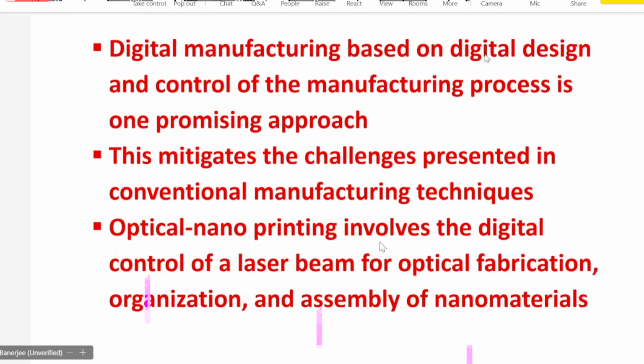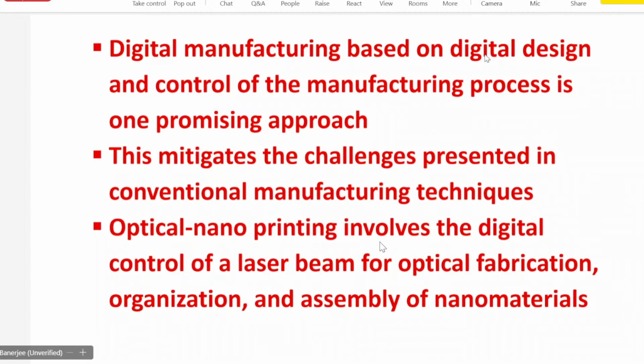So every conventional manufacturing technique can be displaced. By conventional I now include conventional additive manufacturing. You may say that this is an advanced technique. I am saying that this is conventional additive manufacturing. It is not yet able to come out with this. So there is optical nanoprinting.